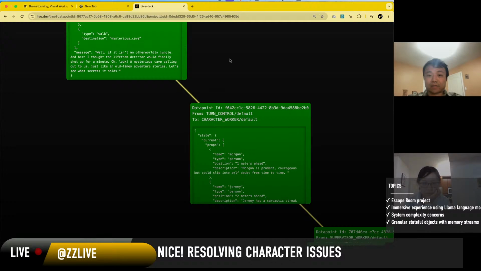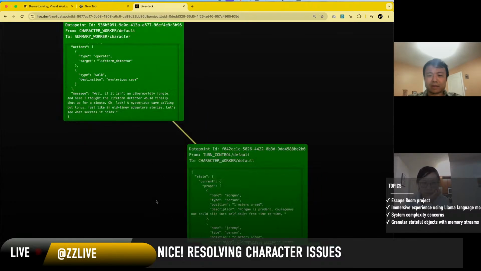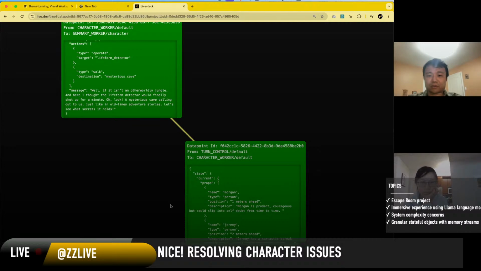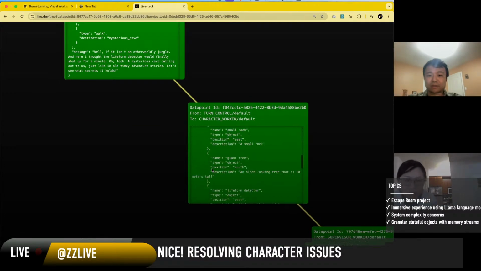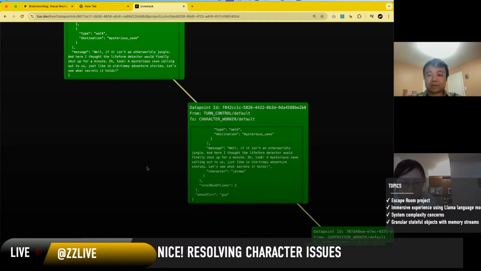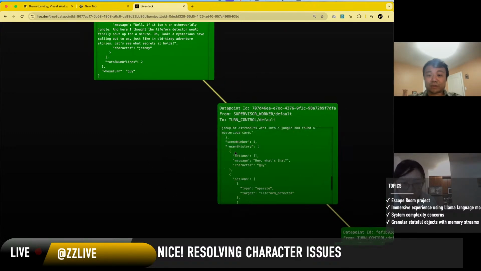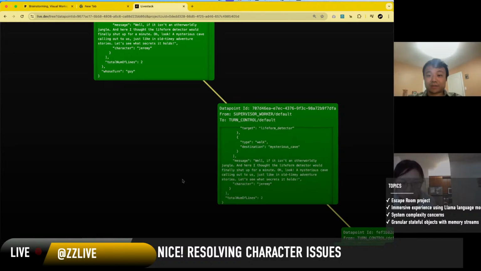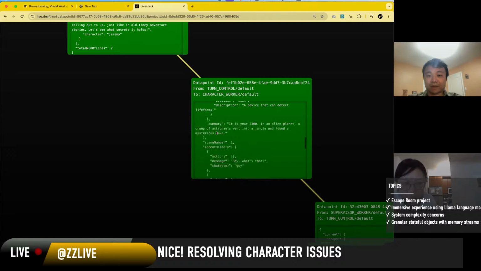And then from character to summary, and from turn control to character. This is kind of weird. And then from supervisor to turn control. Okay, it does all this like a dance thing, and then finally turn control to character.